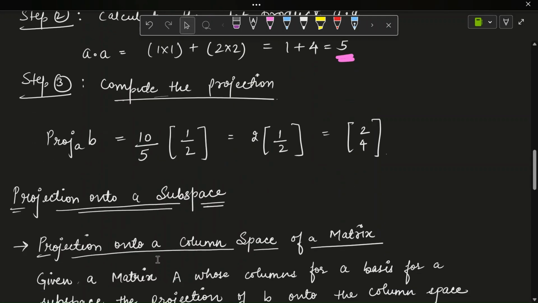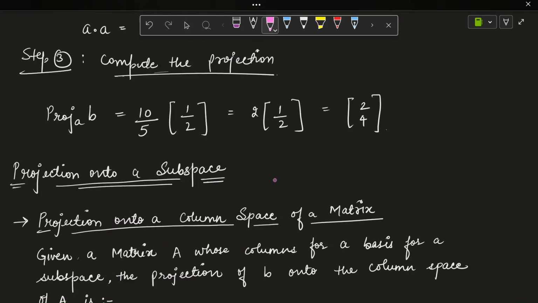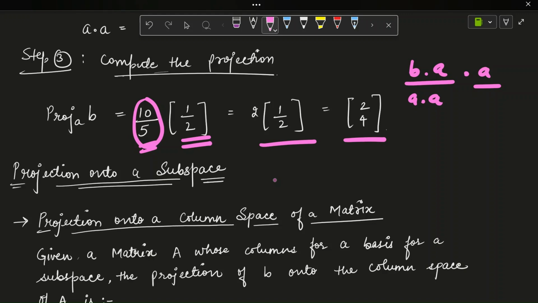The last step is to compute the projection. This is just (B dot A divided by A dot A) times A. These are the values and this is the A vector. On solving this, we get (2, 4). So the orthogonal projection of B onto A is (2, 4).